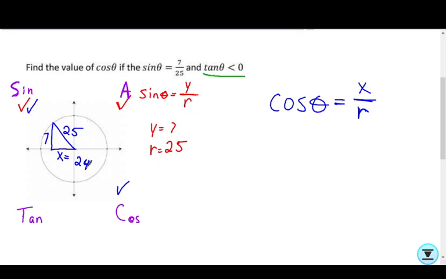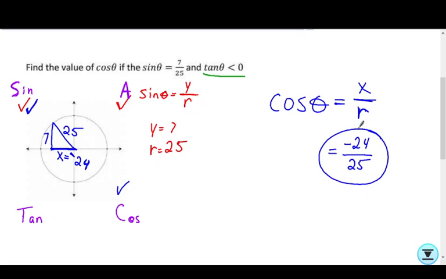But since I'm in the second quadrant here, that means this x value in the second quadrant is negative. Okay, so you got to add that to it. So that means my cosine then, the x value is negative 24 and my r is 25. So my trig ratio is negative 24 over 25.